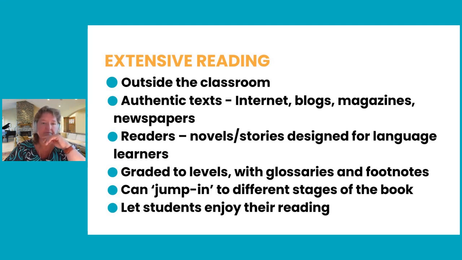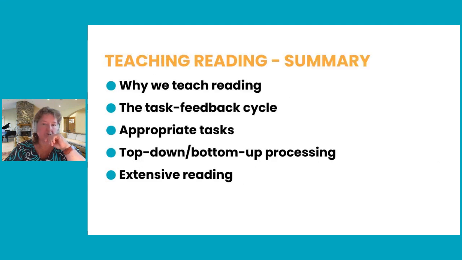So that helps. And then they often have additional information. They might have the vocab, glossary, footnotes, questions at the end. And sometimes it also comes with audio. And you can jump to different stages of the book and just make it an enjoyable process for the students.